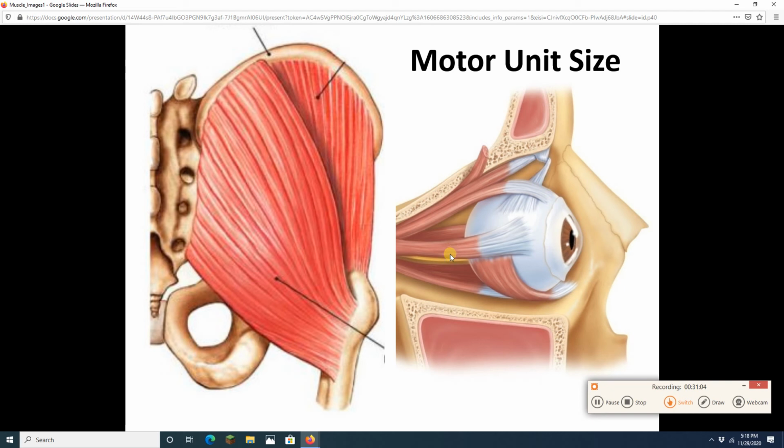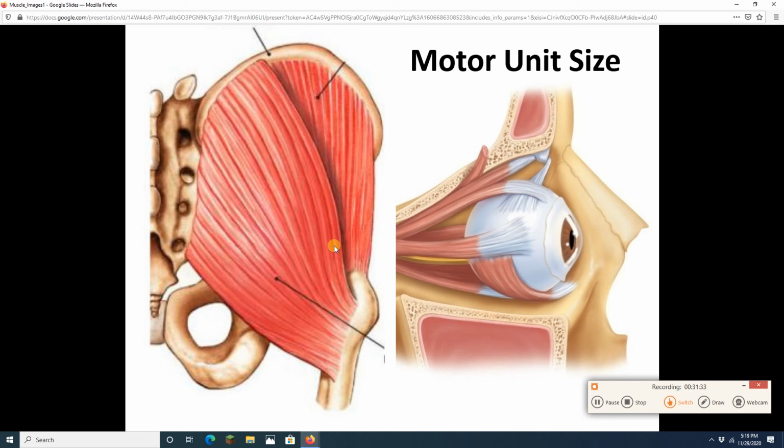All right, which of these muscles, gluteus maximus or lateral rectus, needs finer movements, more delicate movements? It's the lateral rectus. So the lateral rectus will have smaller motor units than the gluteus maximus. The gluteus maximus will have larger motor units. So you'll generate tension in your gluteus maximus in bigger steps.